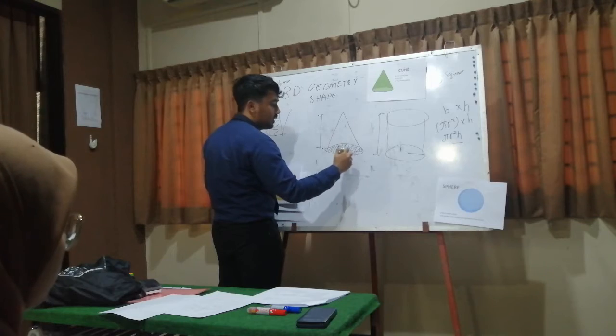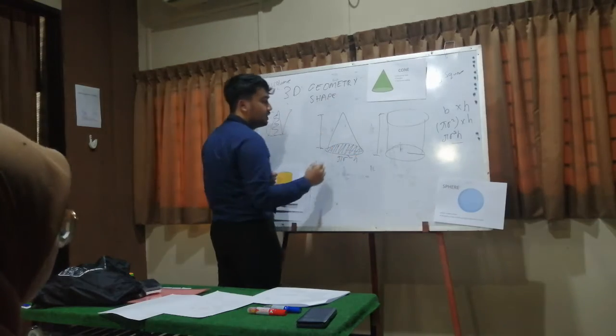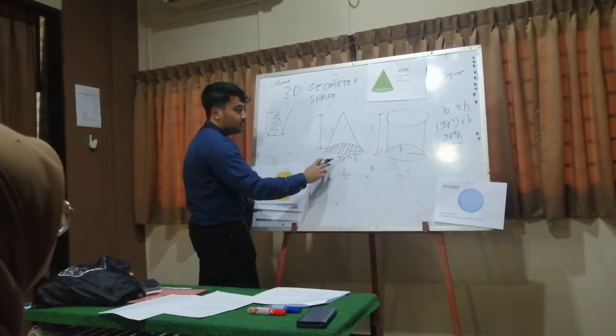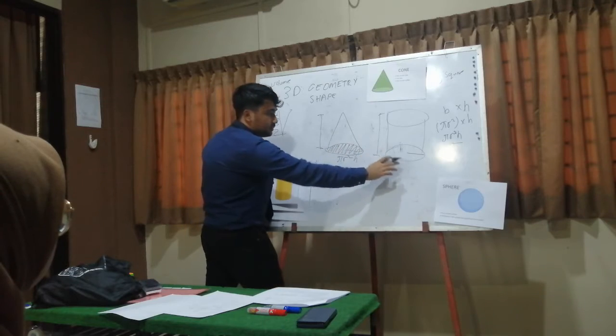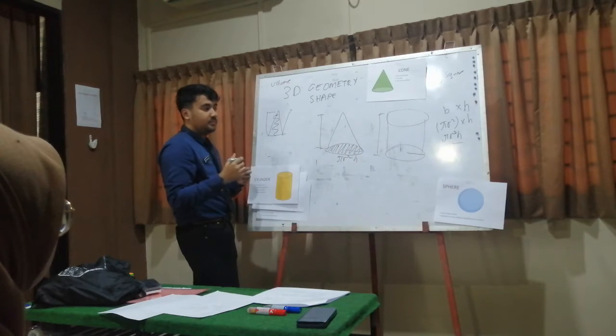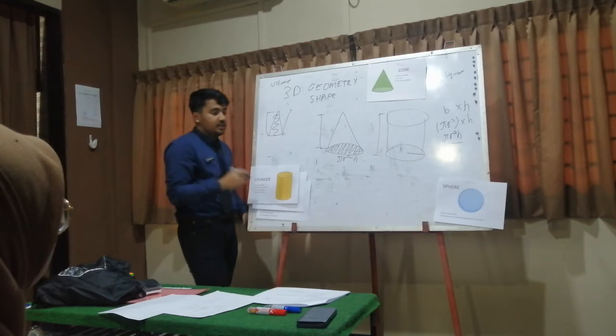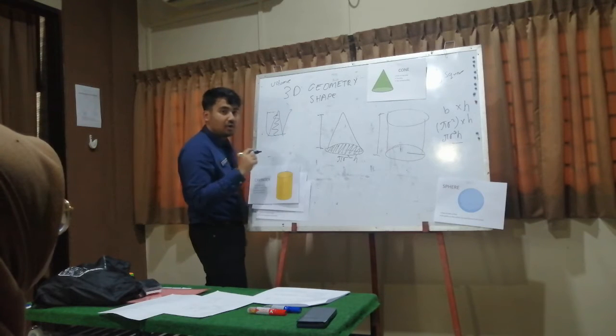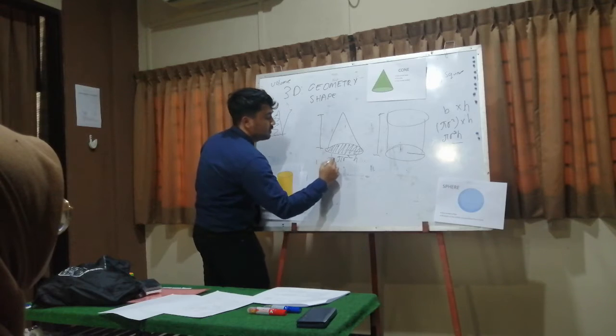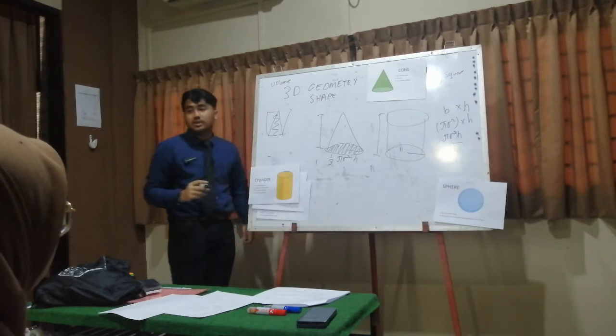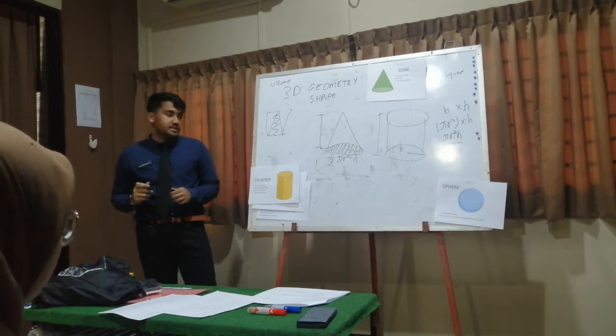Pi r square multiplied by height, right? Do you realize that it has the same equation as the cylinder, but it only consists of one third of the cylinder? So the formula of the cone is 1/3 pi r square h.